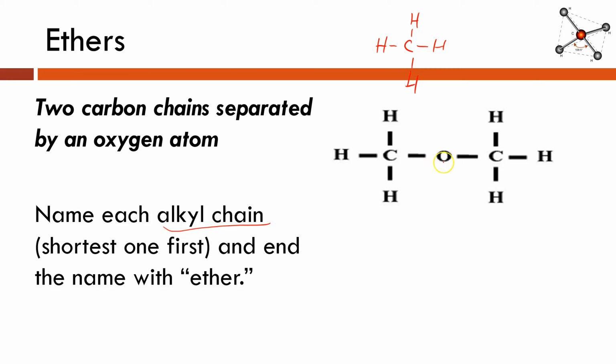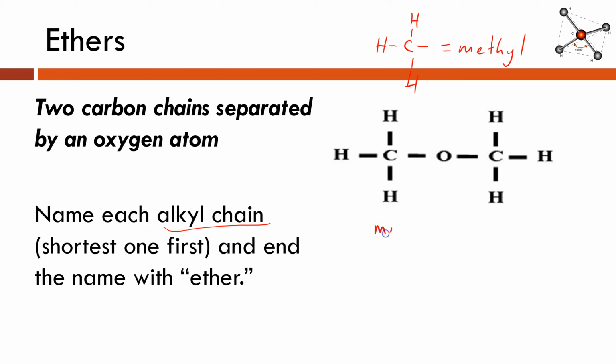Instead of this oxygen being present, we'd have a hydrogen, and we'd call that methane. We don't have CH4, we have CH3. CH3 can't exist on its own, so instead of calling this methane, we're going to call this methyl. So in this case, I've got methyl and a methyl.